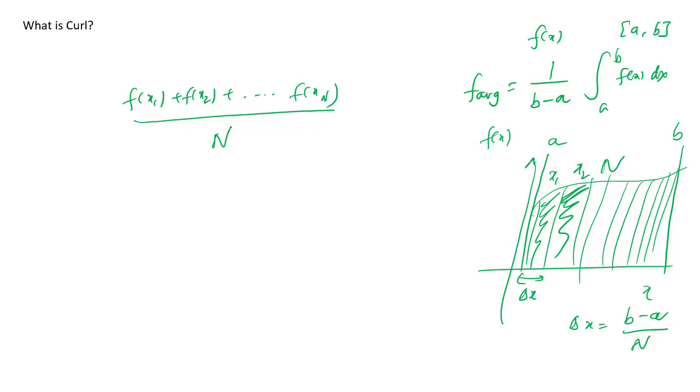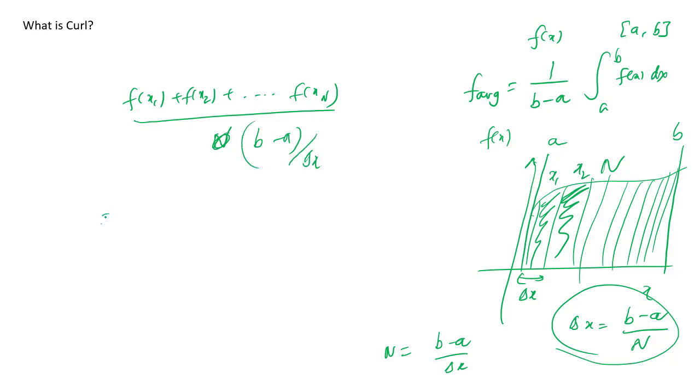But from here, I can see that n is nothing but b minus a over delta x. That's how many segments we have divided it into. So instead of n, I can write b minus a divided by delta x, which gives me the function at x1, at x2, and so on, at xn, the value of the function in each of these segments.